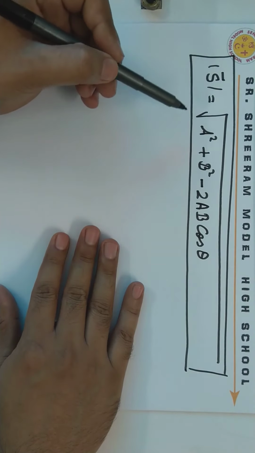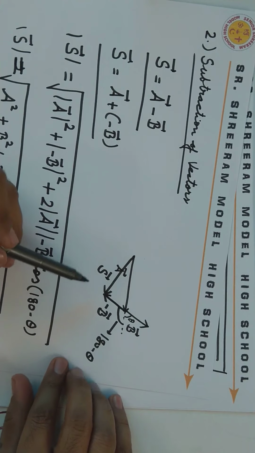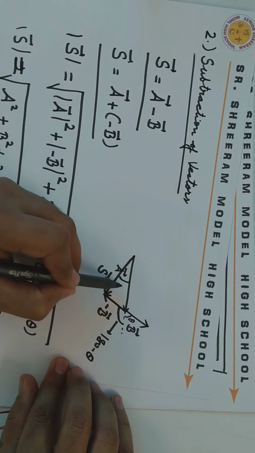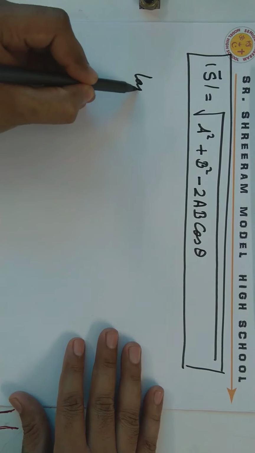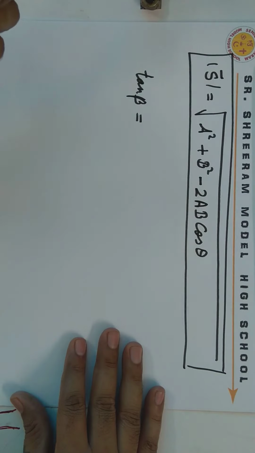So now what do we need to find? We need to find the angle between the resultant vector and A vector. This is our, say, beta. Okay, we need to find angle beta. So for angle beta, what we do? Tan beta is equal to, we use the same concept as we used in vector addition.